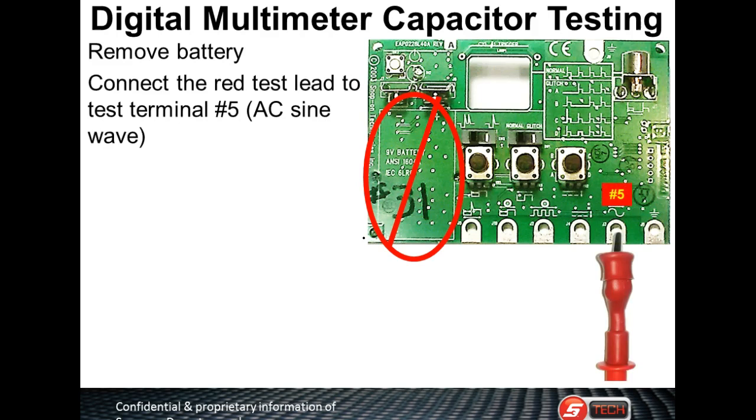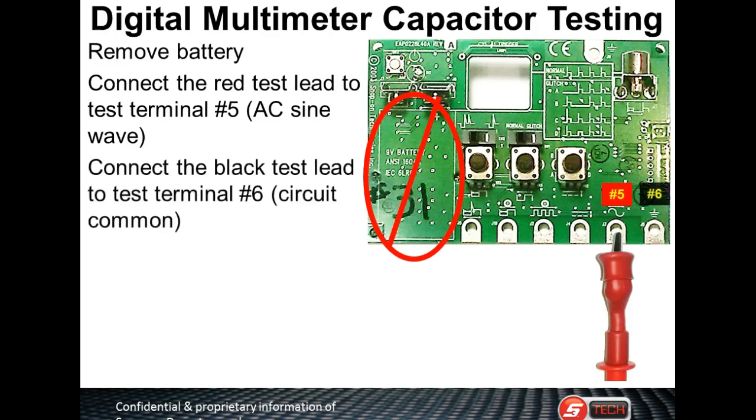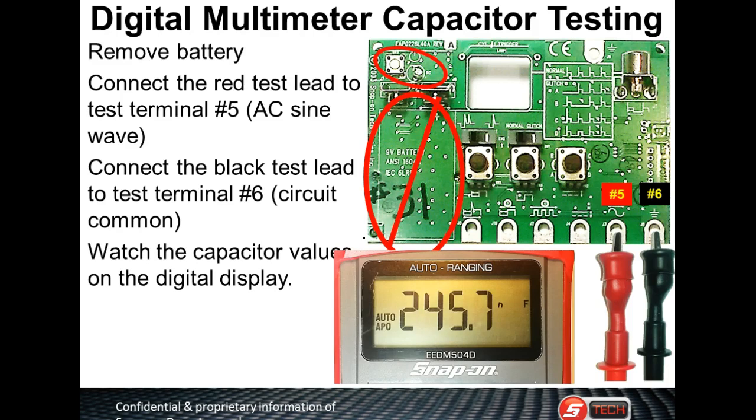And what we're going to do is we're going to connect it to terminal 5. So there's a capacitor in here somewhere. And we're going to connect the black lead to the common. I didn't bring any capacitors over here, guys. And then we're going to watch our display.